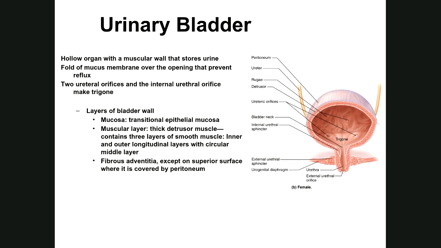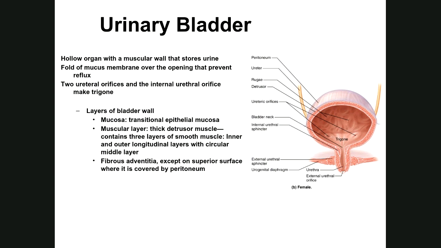Urinary bladder: you have here a female urinary bladder. It's a hollow organ with a muscular wall that stores urine. A fold of mucous membrane over the opening prevents reflux.